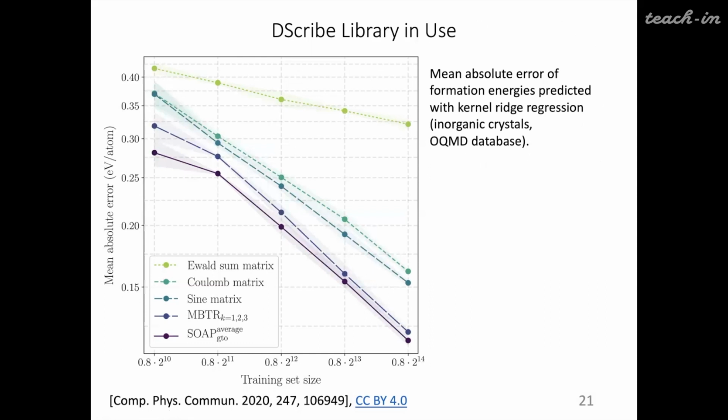So they compared several descriptors, and the SOAP descriptor with optimized hyperparameters offered the best accuracy.